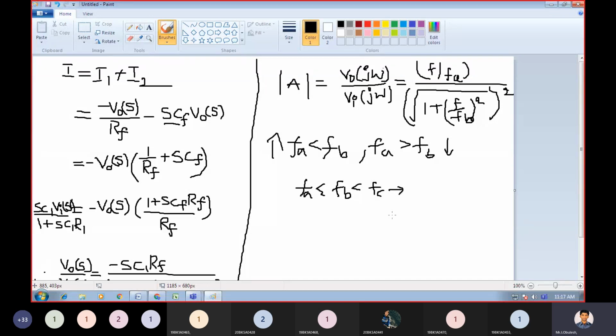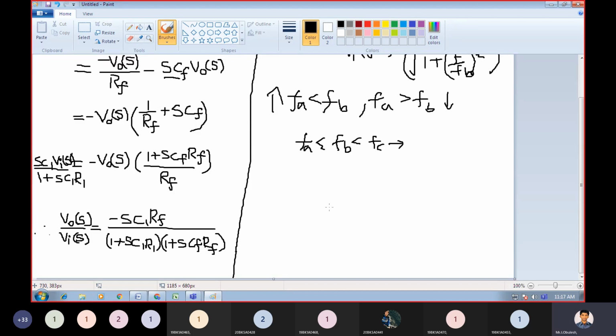For a good differentiator, it must ensure that the time period or the transfer function T satisfies three conditions.